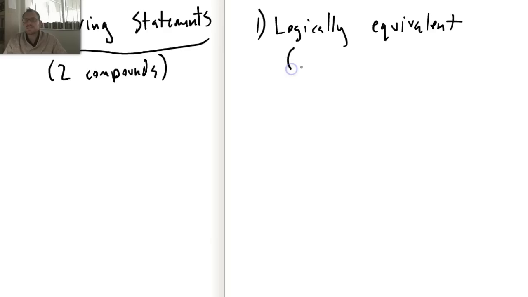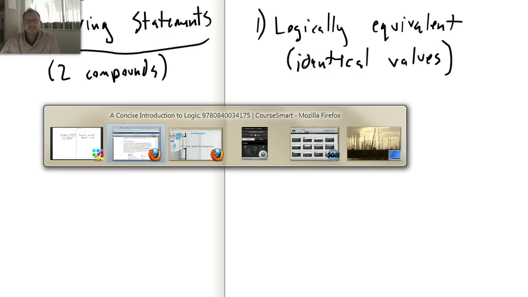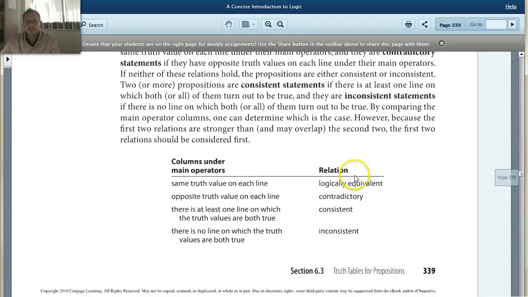What this means is that the values that fall under the main operators in each statement are identical. I was hoping that this new book would help my handwriting. Unfortunately, it's not. So let's give you an example here.